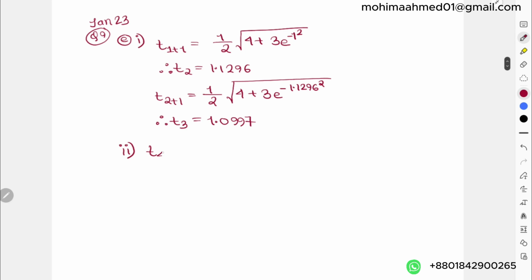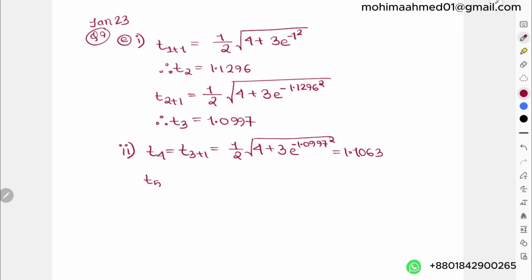So I'm going to continue for x4. That's going to be x(3+1), half of 4 plus 3 exponential of minus 1.0997 whole squared, everything under the square root. That gives you 1.1063.